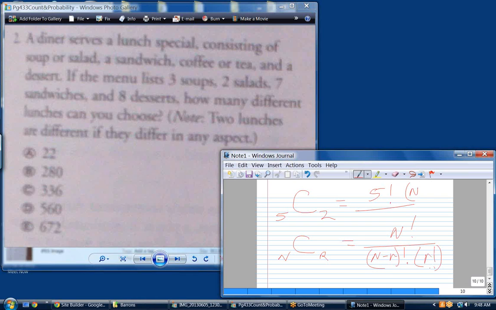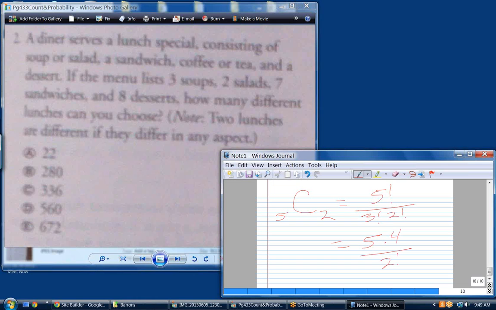Okay, so in our case here, we have 5 factorial divided by 3 factorial times 2 factorial. And that is, well, the easy way to do it is to cancel out the 3 factorial with everything but the 5 times the 4.